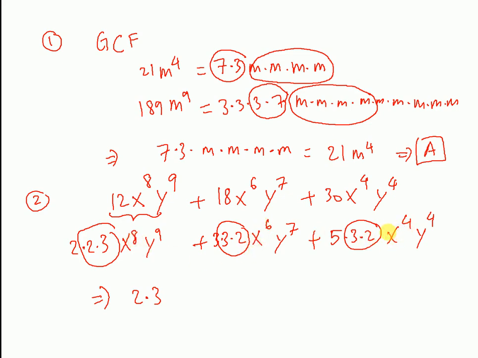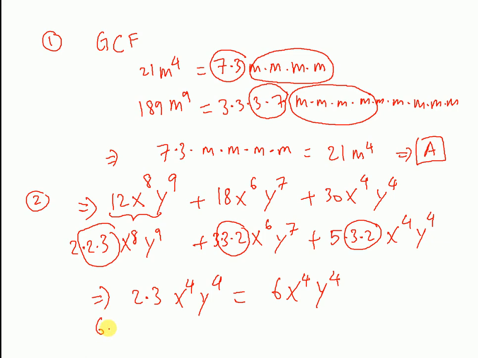So we pick the one that all of them have together, which is 4 x's, so x to the 4. For the y, the first term has 9 y's, the second has 7, and the third has 4. So we pick the one that all of them have, which is 4 y's. Now 3 times 2 is 6, x to the 4, y to the 4. So this is the greatest common factor, but we need to factor it out of this expression.